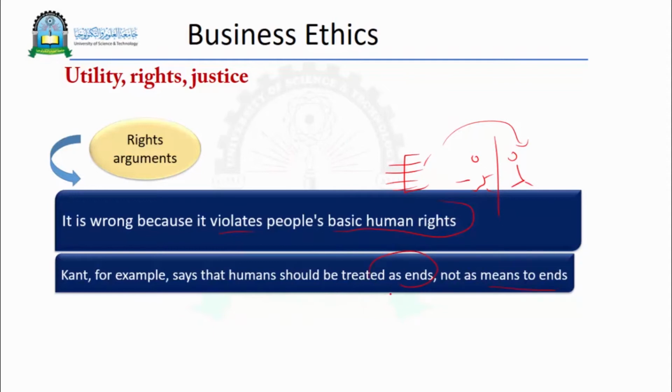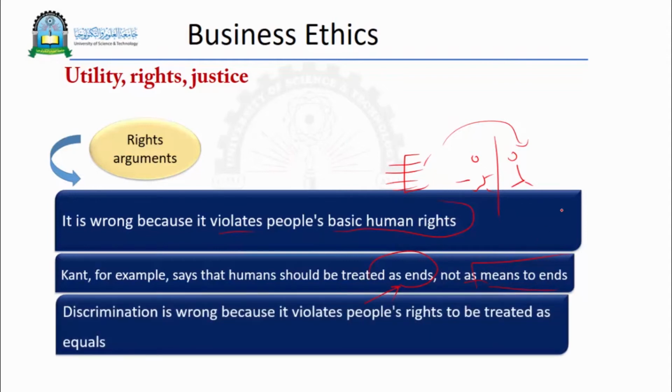So according to Kant, employees should be looked at for what they can actually do, not how they look or where they come from. And that means discrimination is wrong, of course, because it violates people's right to be treated as equals. If an individual A can do exactly like B, both must have equal opportunity for job offers or even promotions.